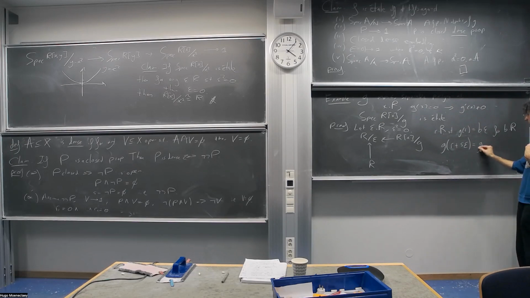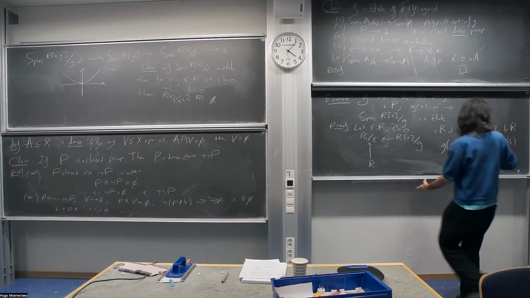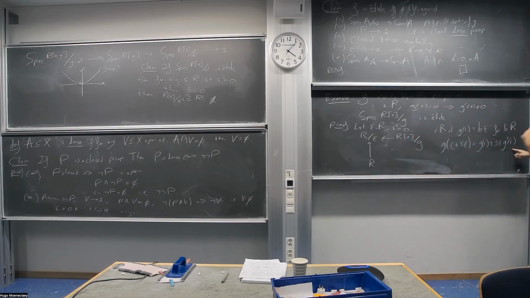So what we get is that this is G of r plus s epsilon G prime of r. If someone shout at me if I wrote that wrong. But G of r is b epsilon. Okay, so now we need to somehow mess with this to be 0.